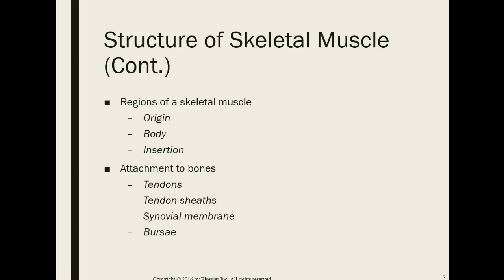When we're looking at attachments to the bones, tendons are going to be the dense fibrous connective tissue that extends from the fascia and then attaches to the bone. The tendon sheath is going to enclose the tendon.